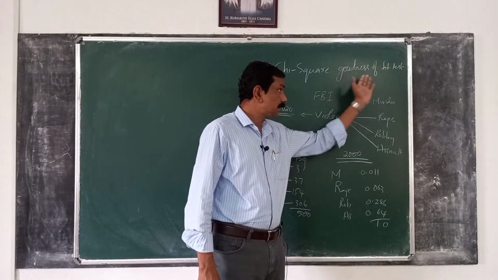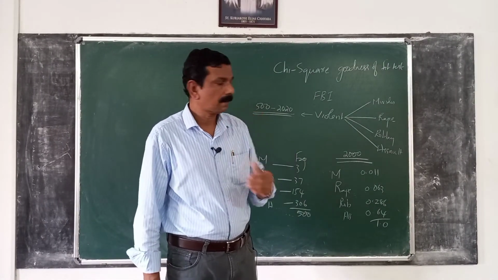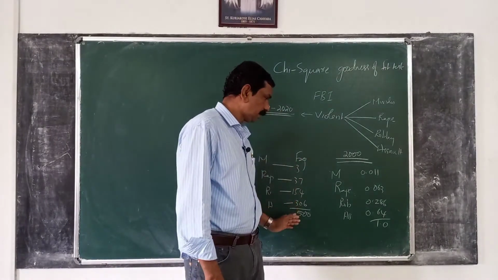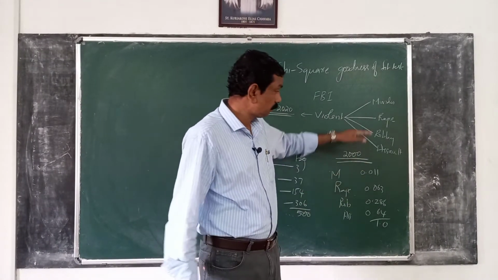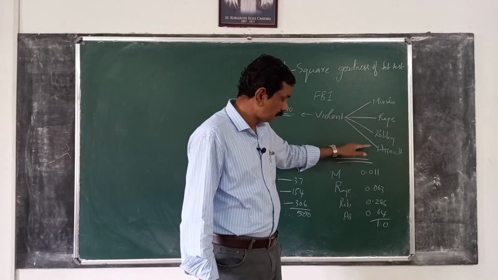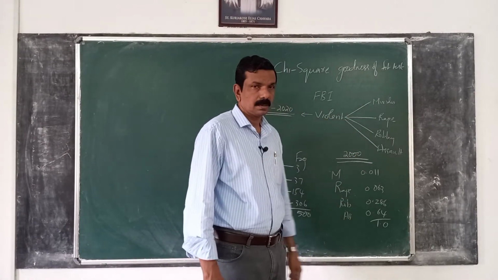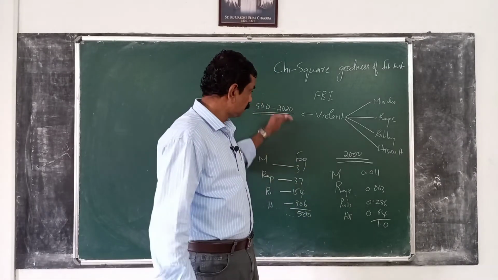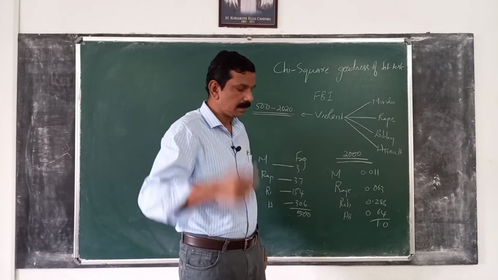So it is a test of goodness of fit. How well does the observed data fit an assumed distribution? The assumed distribution is the distribution in the year 2000. Whether our observed data fits the assumed distribution, that is one point.